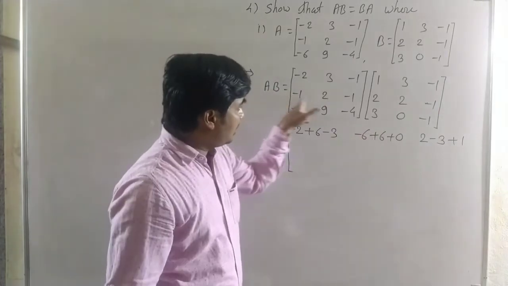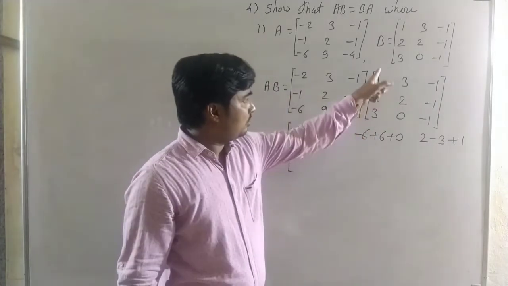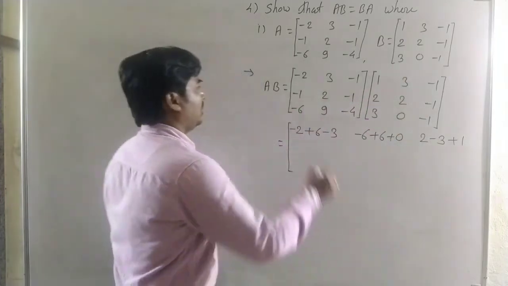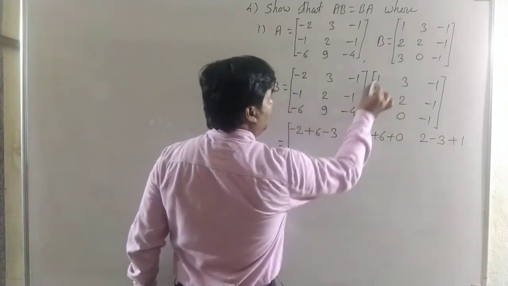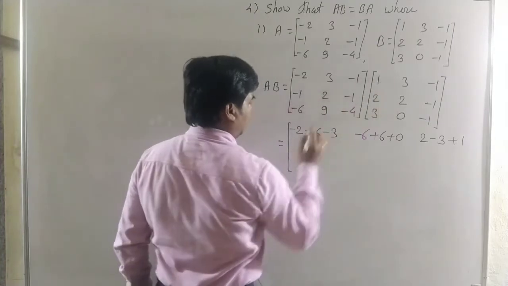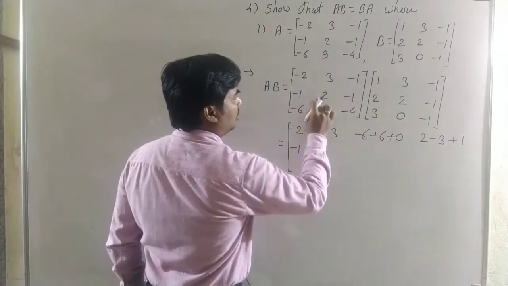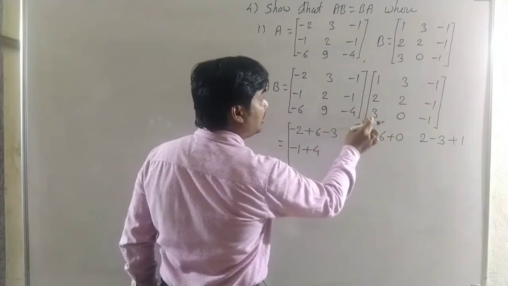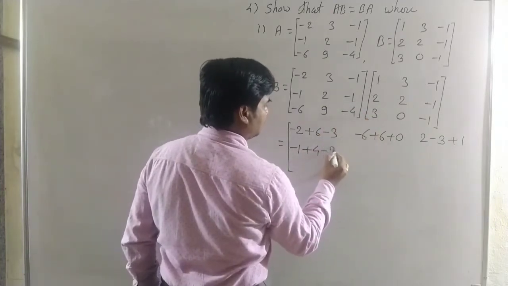Okay, first row first column, first row second column, and it is a first row third column. Now take the second row first column, then second row second column, and then second row third column. Now second row first column, minus 1 into 1, it is a minus 1. 2 into 2, it is a plus 4, and minus 1 into 3, it is a minus 3.